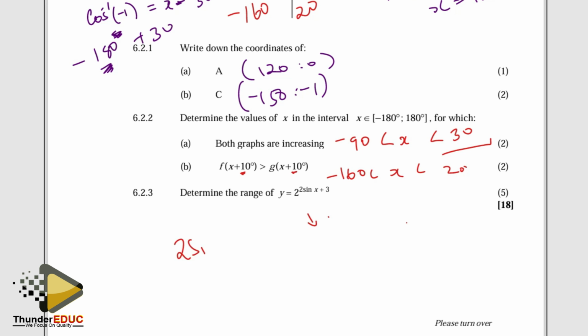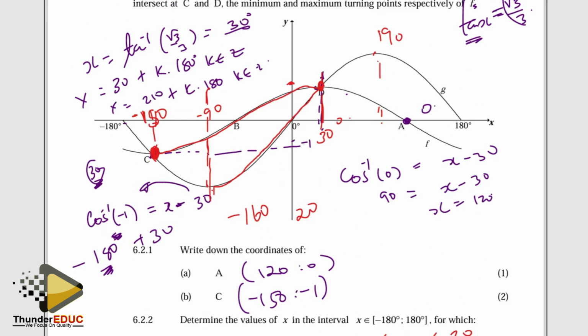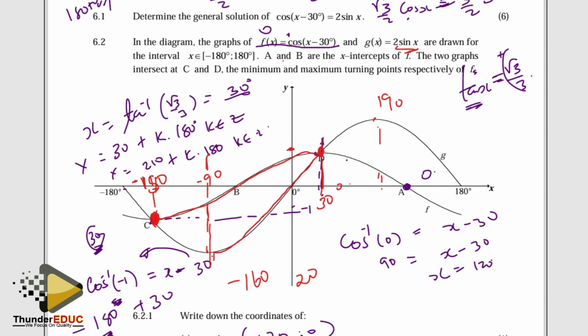Okay, so we have 2 sine x and then there is a +3. So let's start with the range of 2 sine x. So y is equal to 2 sine x. The range of it is between 2 and -2. That's what we saw from the graph. We expect the highest point to be 2 and the minimum to be -2.